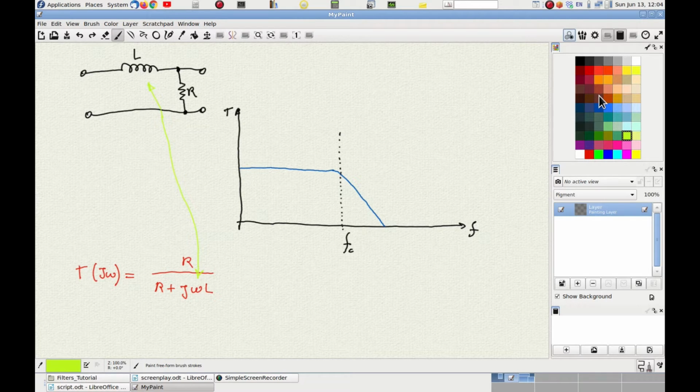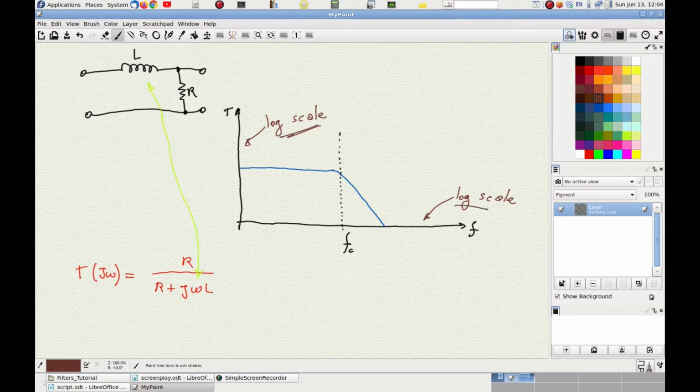Then, because the reactance is at the denominator of the transfer function, the magnitude of the transfer function will start actually decreasing exponentially. The representation of an exponential curve on a logarithmic diagram is a straight line, and that is in fact what we see happening as the frequency increases more and more.